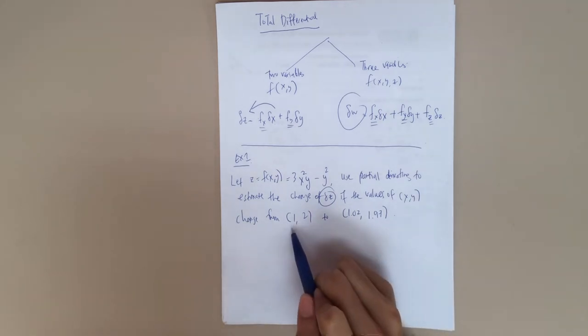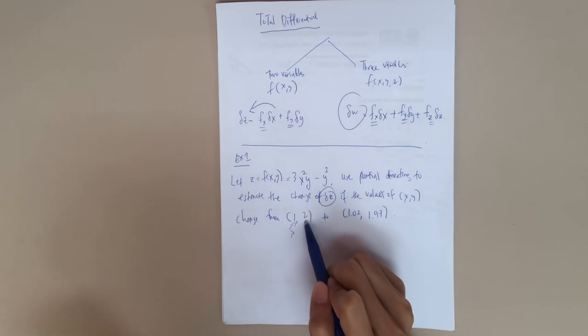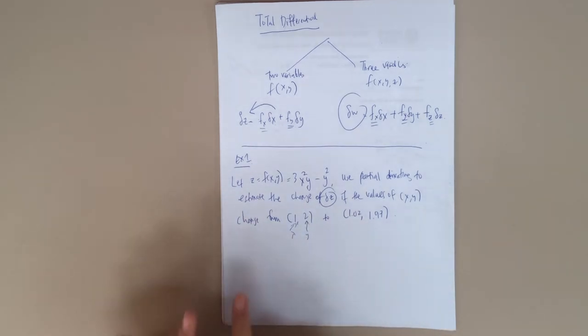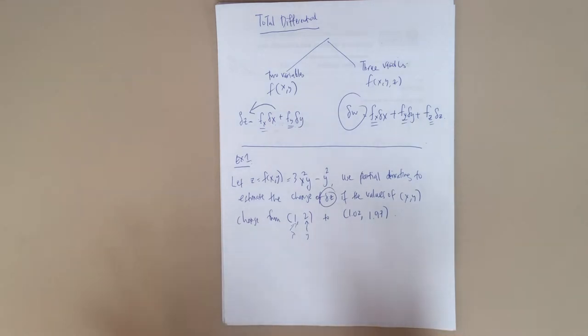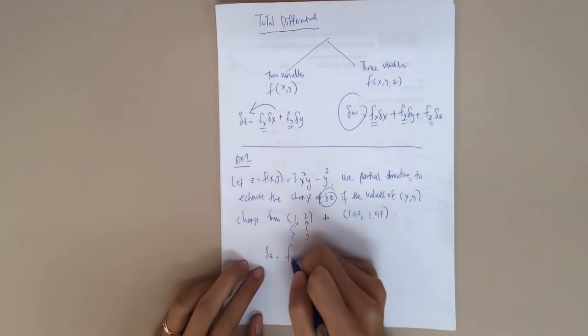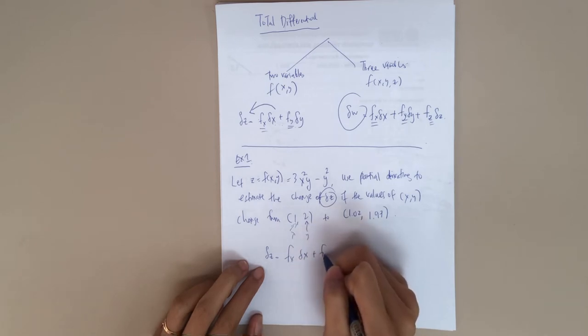The first value represents x, the second represents y. So the first thing you should do is write the formula first: fx dx plus fy dy.